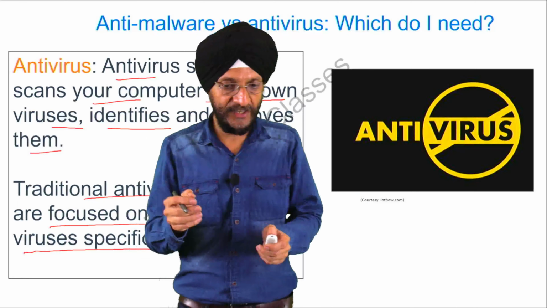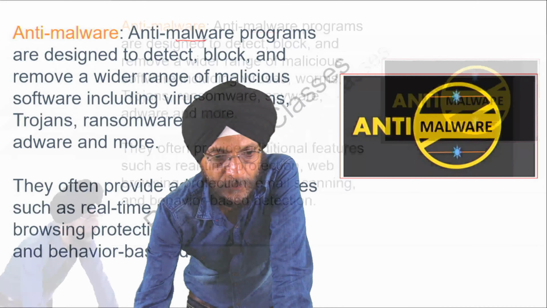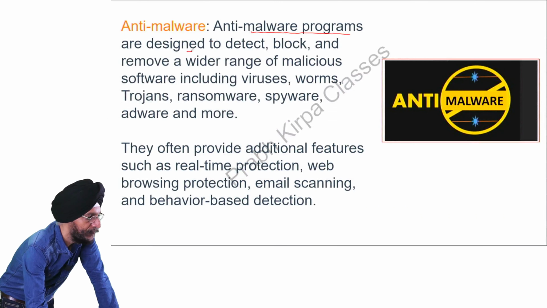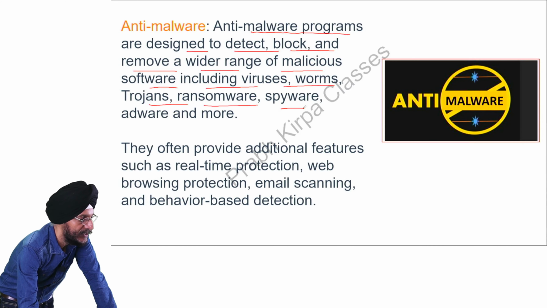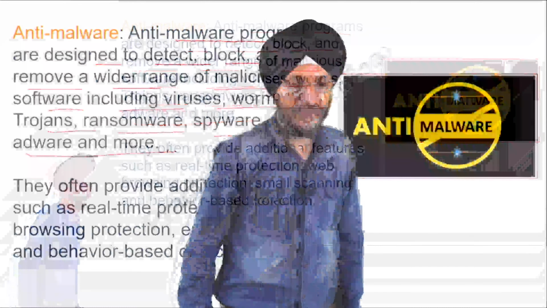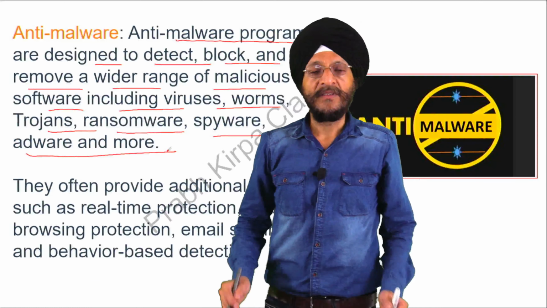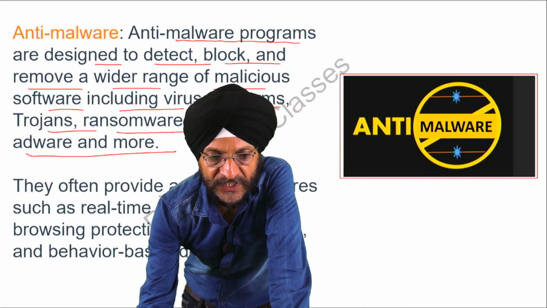So now let us read what is written about anti-malware. Anti-malware programs are designed to detect and block or remove a wider range of malicious software, including viruses, worms, Trojan horses, ransomware, spyware, adware, and more. The anti-malware software often provides additional features.